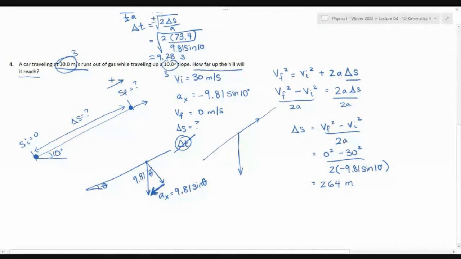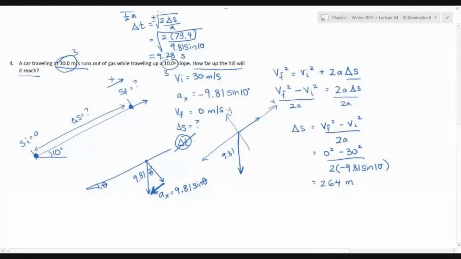So we're using this axis here. This is our x-axis, and this is our y-axis. This acceleration that we have here, which was 9.81, we need to find the component of it that's in the same axis as the direction of the velocity. So that would be this component here.